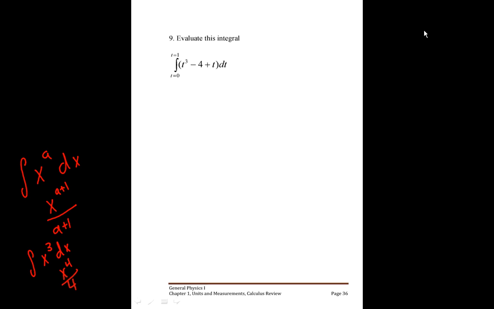We're going to have something slightly more complicated because we're going to evaluate it at certain limits or boundary conditions. The integral of t cubed, just like we did over there, is t to the 4th over 4, minus the integral of negative 4, which is minus 4t to the 0 plus 1 over 0 plus 1, plus t to the 1 plus 1 over 1 plus 1.